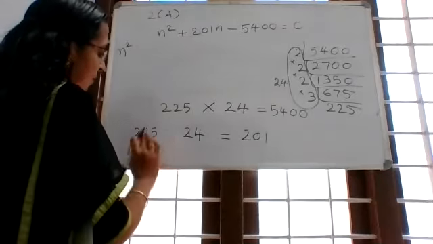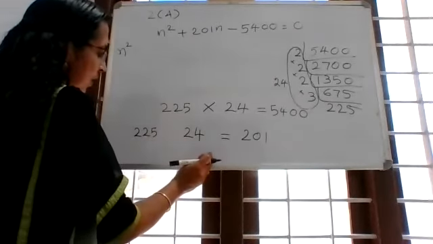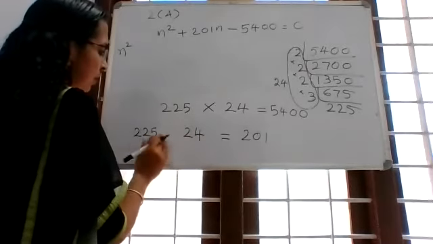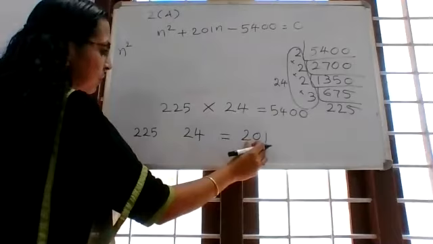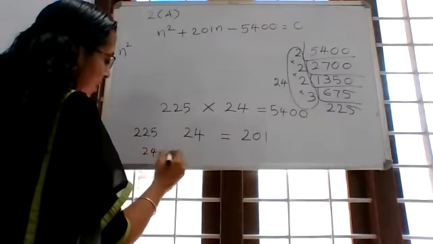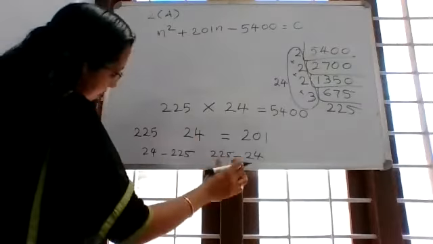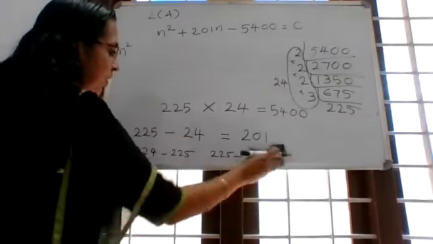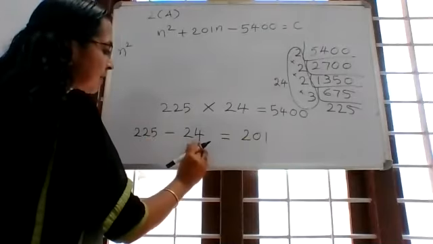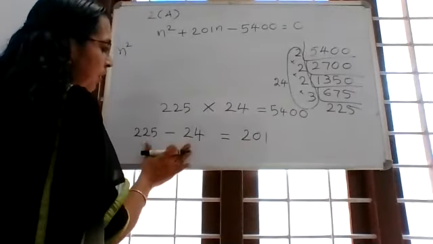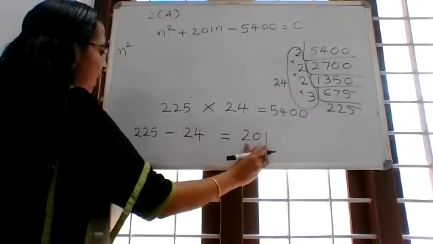Subtract. 24 minus 225 or 225 minus 24? 225 minus 24 will be 201. That is positive. If one sign is positive and the other is negative, subtract and put the bigger number's sign. The bigger number is 225, so we get 201 as positive.